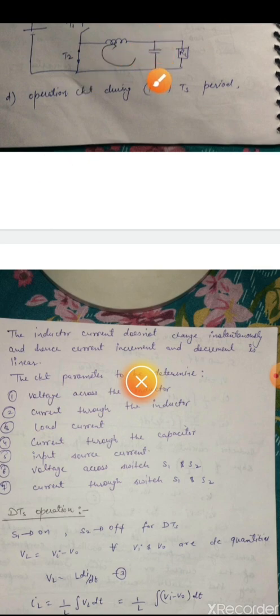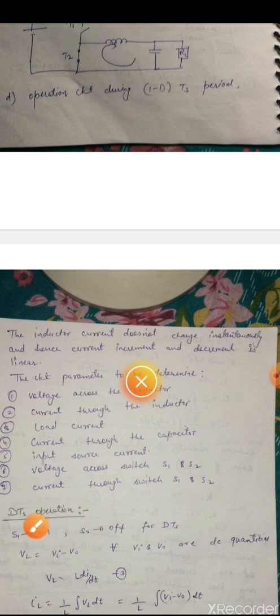This capacitor is placed so that we can remove the ripples on the output DC voltage. Then the current through the capacitor, and the input source current, which is flowing through the input DC source. Then the voltage across switches S1 and S2, and the current through the switches S1 and S2.